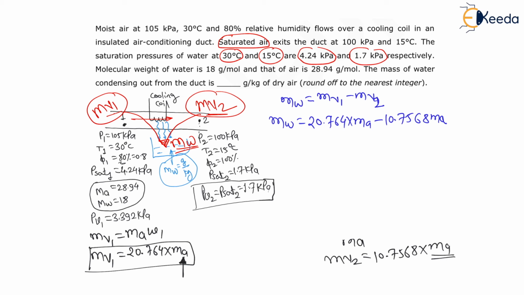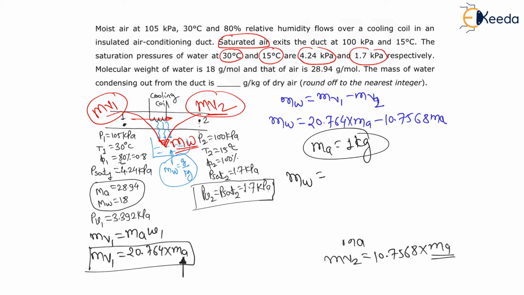Now the value is in gram per kg. And my dear students, they are asking gram per kg of dry air. Per kg of dry air means here we have to assume the mass of dry air is 1 kg. That is per kg of dry air.